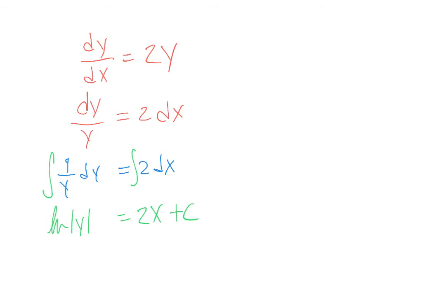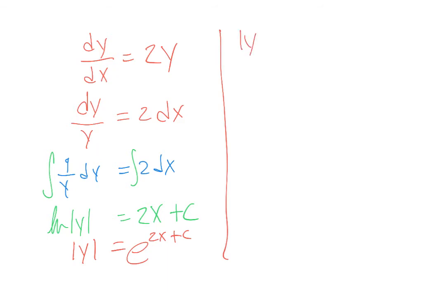To get the y by itself, we're going to exponentiate both sides. So we get absolute value of y is equal to e to the 2x plus c. What I really wanted to do here was to talk about this e to the 2x plus c thing, because there's a cool thing that we often do in calculus. Writing this as e to the 2x times e to some constant, we can use an exponent rule to break that up.